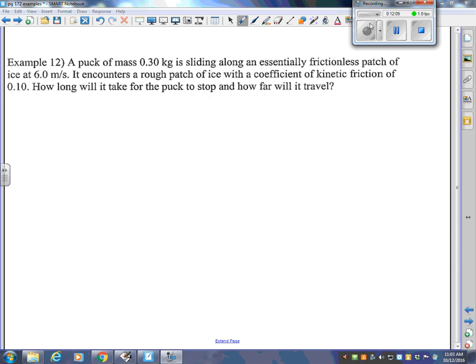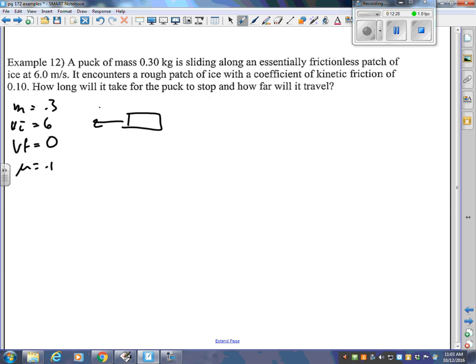So you should realize that the mass is 0.3. The initial velocity is 6, and the final velocity, because it's coming to rest, is 0. And the mu value is 0.1, right? So really, all that's happening is friction is slowing this thing down. So, what is my weight force?